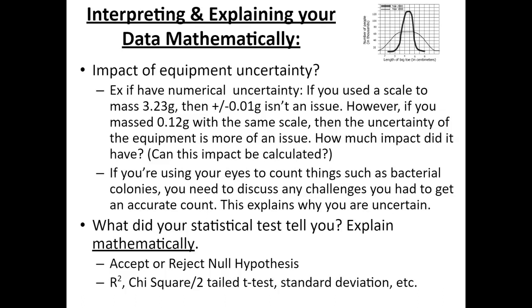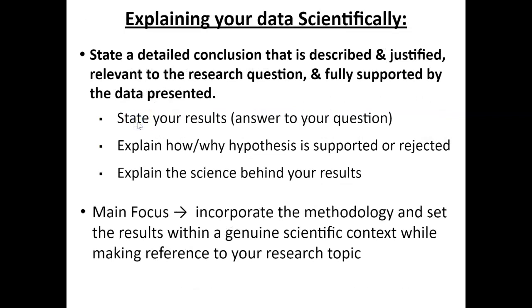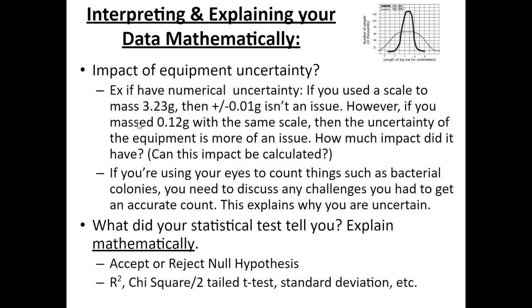So for example, if you used a scale which has a numerical uncertainty of plus or minus 0.01 grams, but the numbers that you're measuring on the scale are pretty big, for example, 3.23 grams, then plus or minus 0.01 grams doesn't have a lot of impact, right?